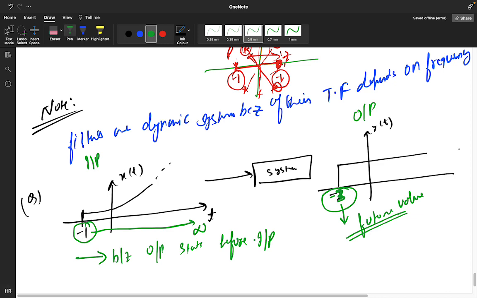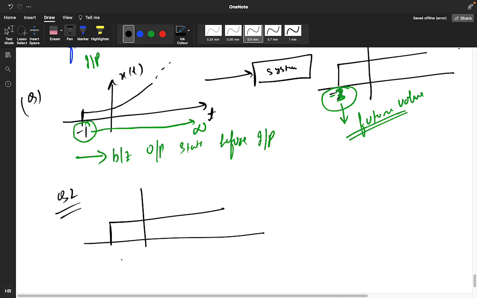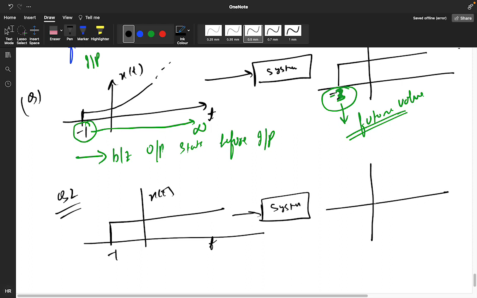Okay, what about this? Tell me, question 2. If it is like this, x of t starts at -1, and this is your system, and you are getting the output like this.